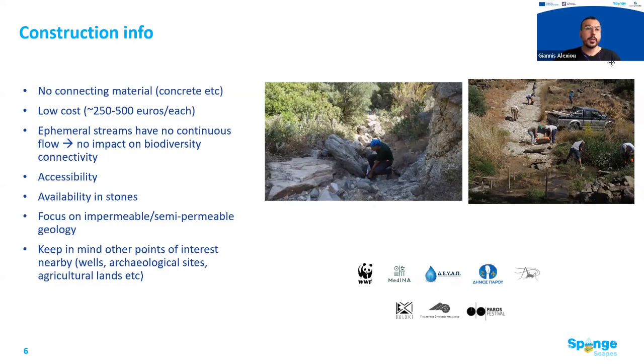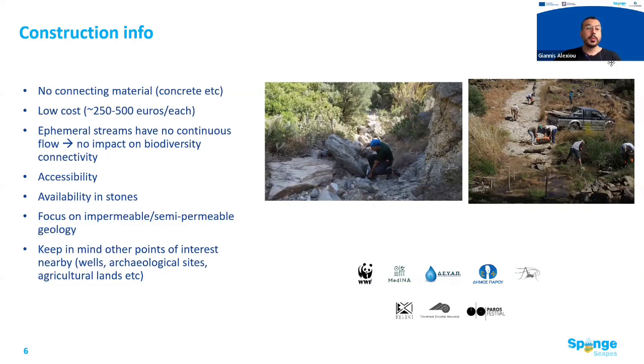Each structure costs 250 to 500 euros, so they're really cheap. Also, these structures are placed in ephemeral streams and not in rivers of continuous flow. And in this way, these structures have no impact on the connectivity of biodiversity.